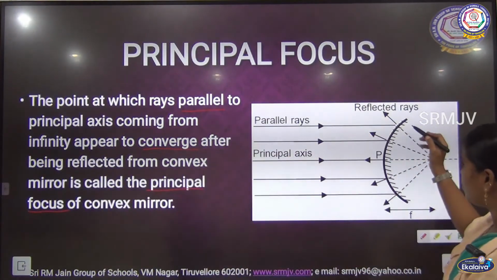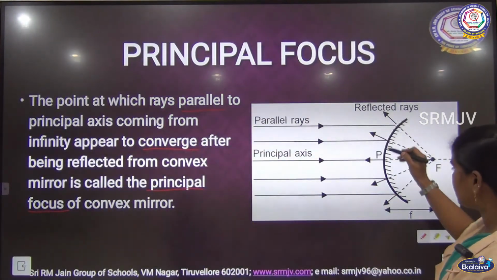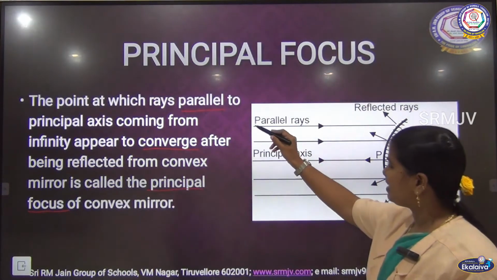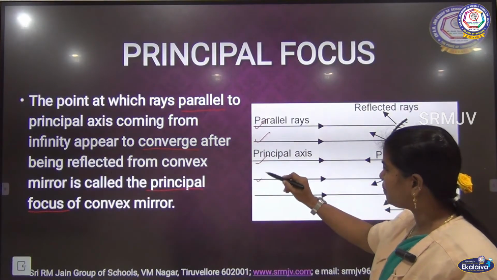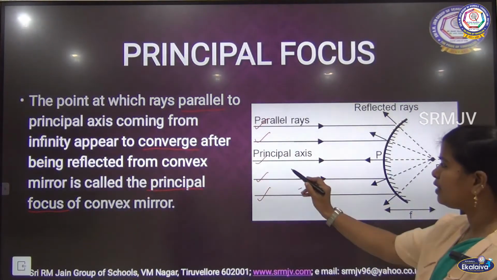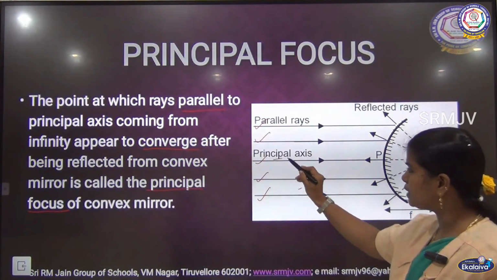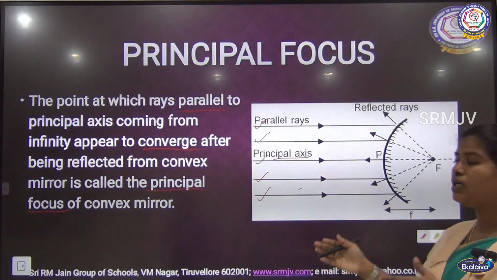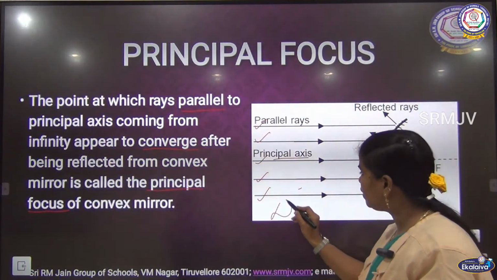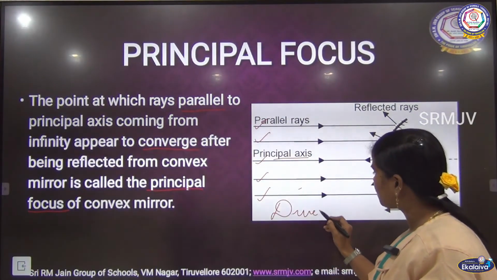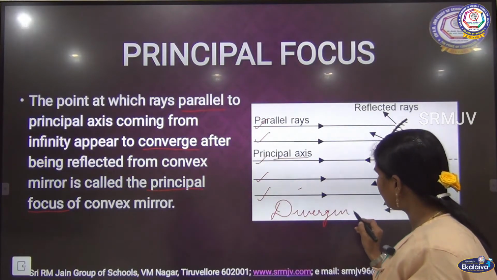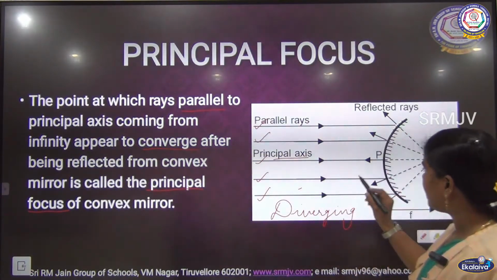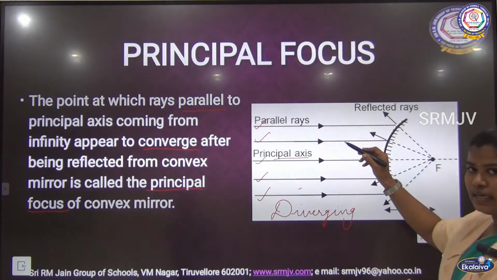So this is the convex mirror. These rays are coming from infinity and are parallel to the principal axis, and this convex mirror is called a diverging mirror. It will diverge the light.